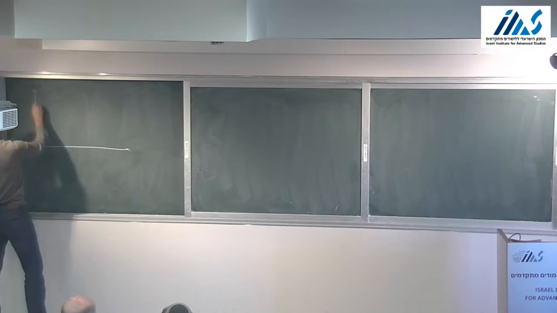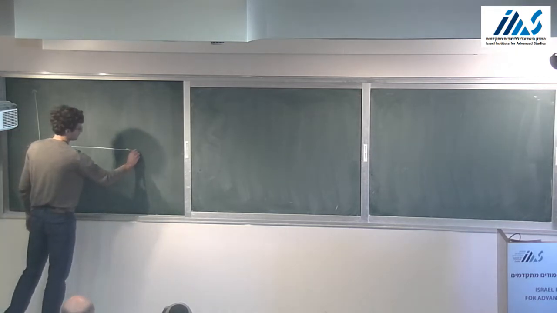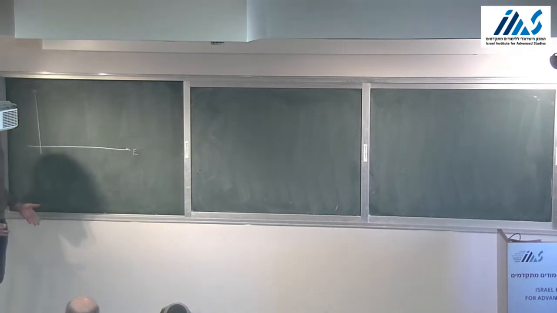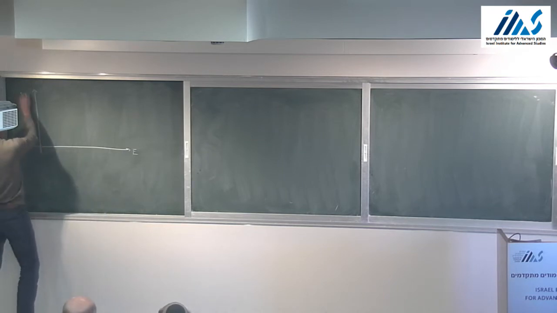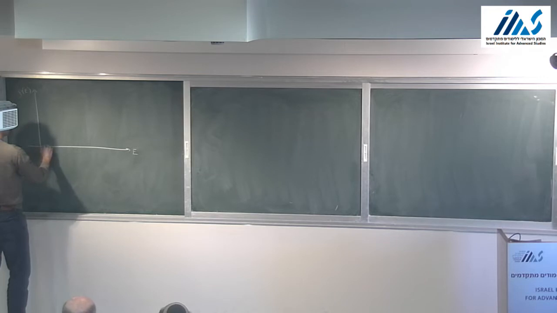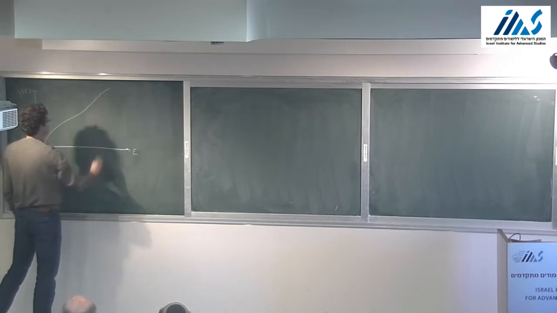Let's imagine that we have some quantum mechanical system with many degrees of freedom, so it has a lot of energy eigenvalues. Let me plot the coarse-grained density of states. It looks something like that.